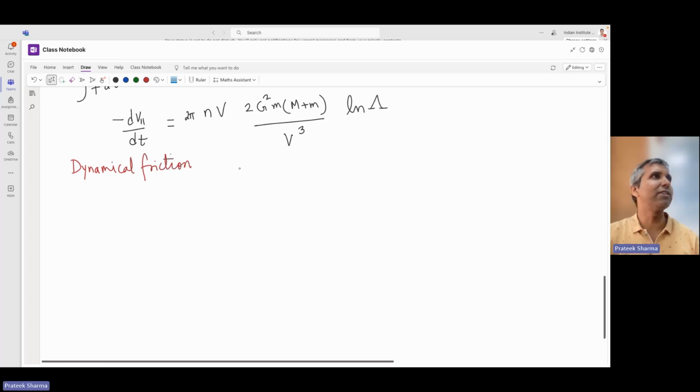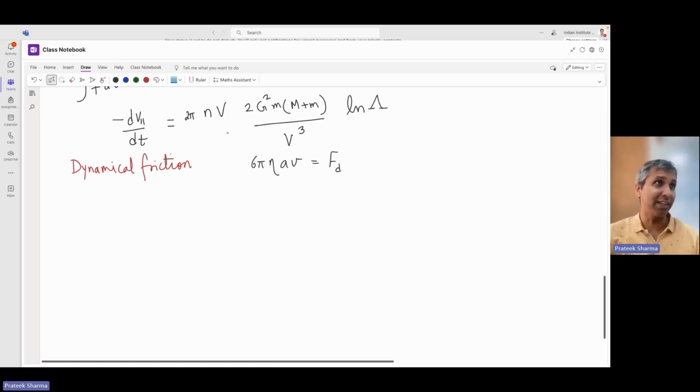Sort of like a viscous drag in a fluid, right? If you have a Stokes fluid, you have 6 pi eta A V as the drag force. This is proportional to minus V. So if you drop a ball bearing into a column of liquid, it will reach a terminal velocity, and this is the force that acts.